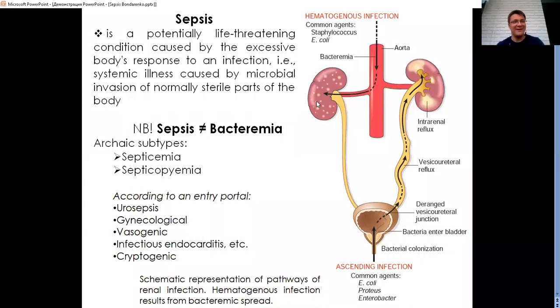So we may conclude that one infectious agent must induce one infectious disease. In contrast to that, sepsis stays aside of this conception because sepsis could be caused by different pathogens, and you will see that here. Anyway, since it is strictly associated only with infectious agents, we consider sepsis an infectious disease.